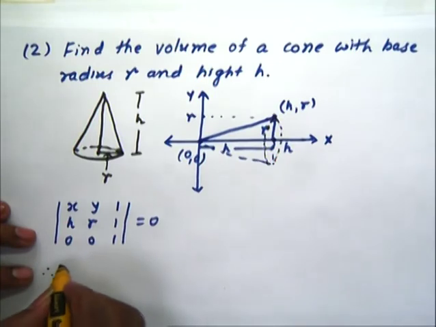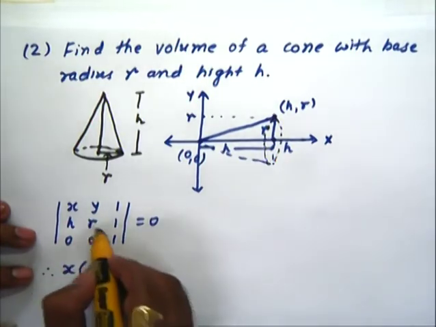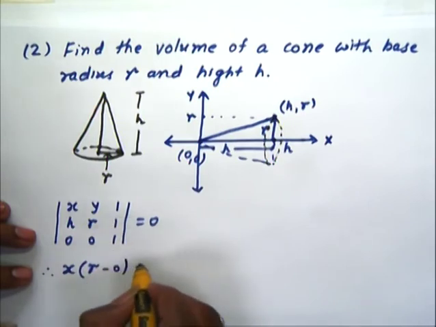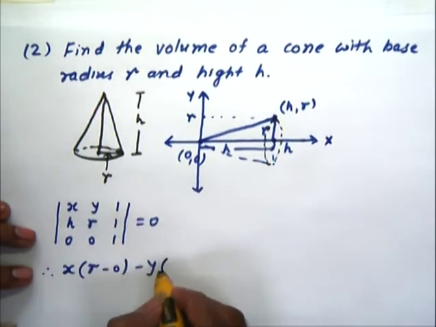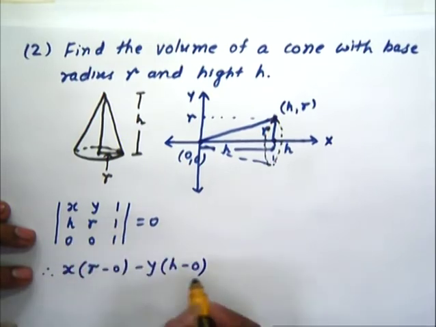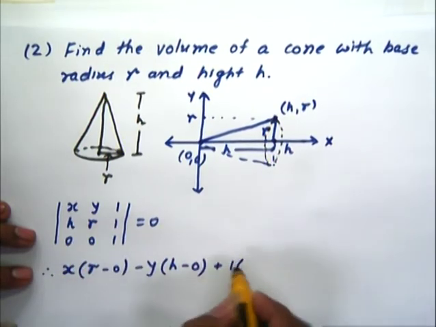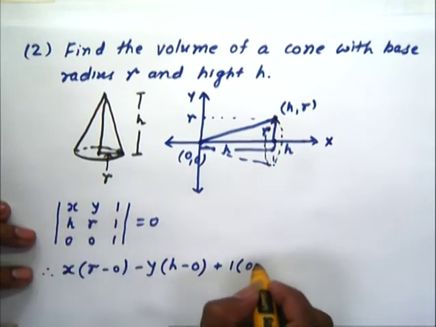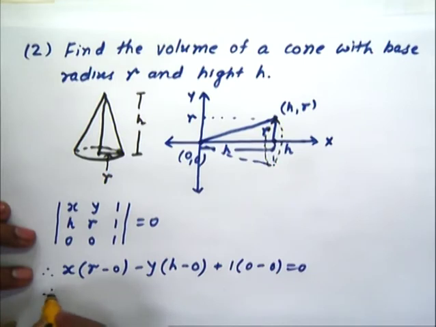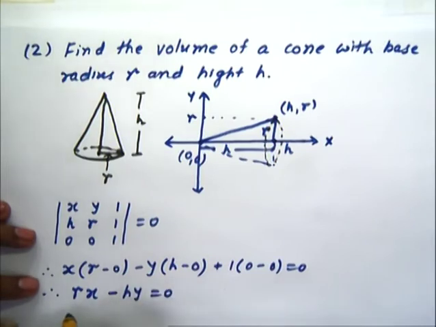Expand this, so we have x into r into 1 is r, minus 0 into 1 is 0, minus y into h into 1 is h, minus 0 into 1 is 0, plus 1 into h into 0 is 0, minus 0 into r is 0, equal to 0. So our equation is rx minus hy equal to 0.